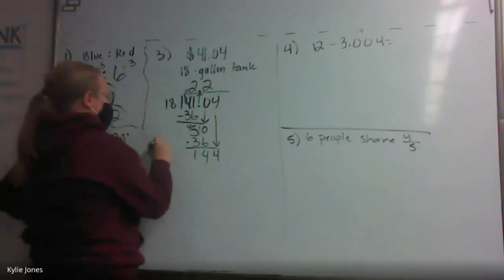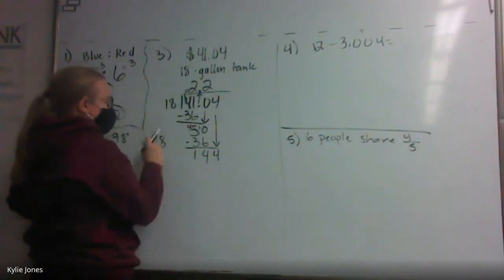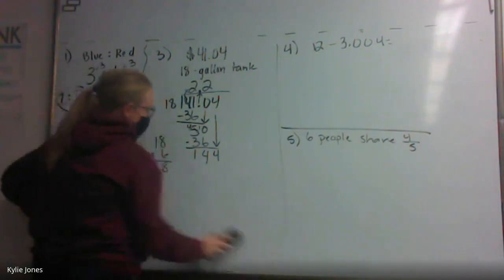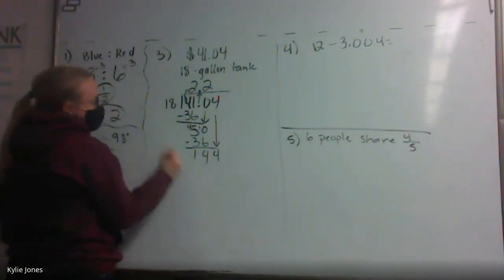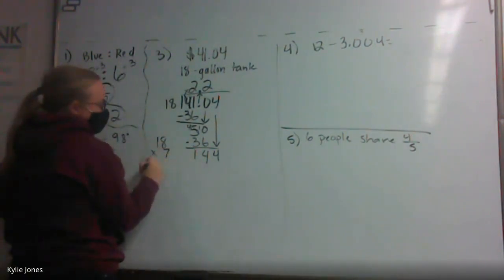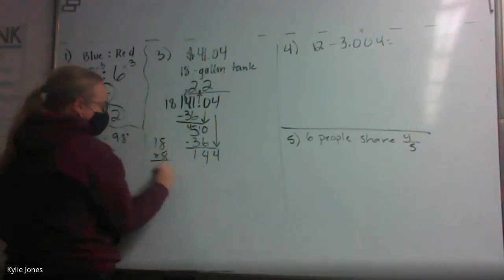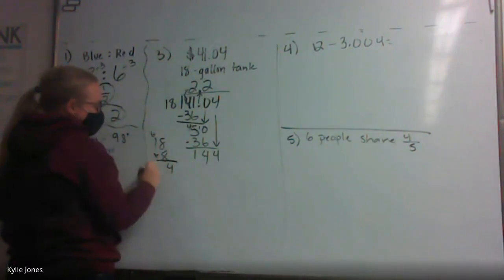Let's do 18 times 6. No, that's not it. Doesn't end in 8. No, I think Marty's right. It's 8. 18 times 8. That's 64. Carry the 6, 144.